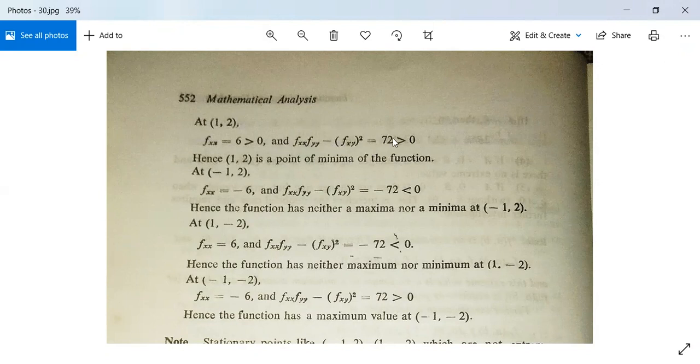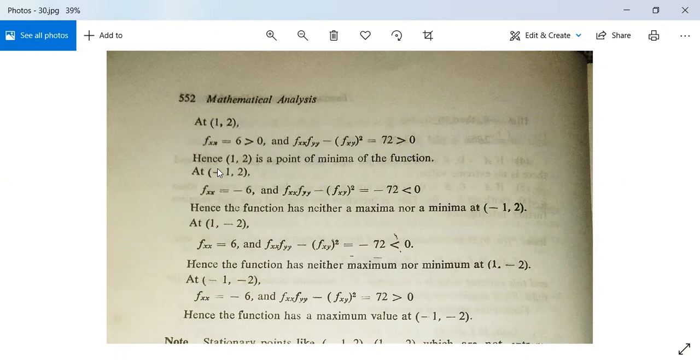So the value of this is 72, which is greater than 0. So (1, 2) is a point of minima of the function.